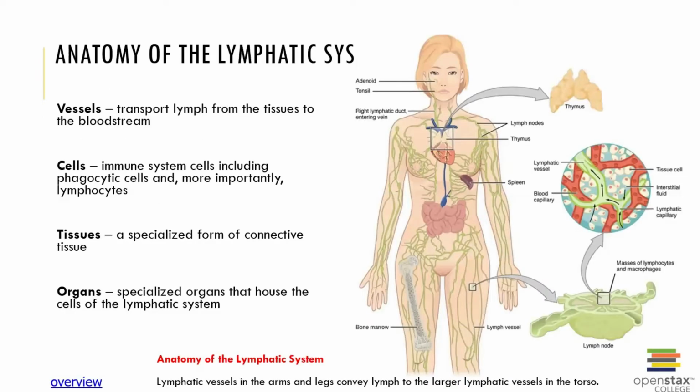And let's look a little bit more closely at the anatomy. So we have the lymph vessels, which are going to essentially carry the lymph from the peripheral tissues to the venous system, right, to the veins. Underneath that category, we have the lymph capillaries, which we know are present in almost every tissue and organ in the body. They're actually believed to be as abundant as blood capillaries.